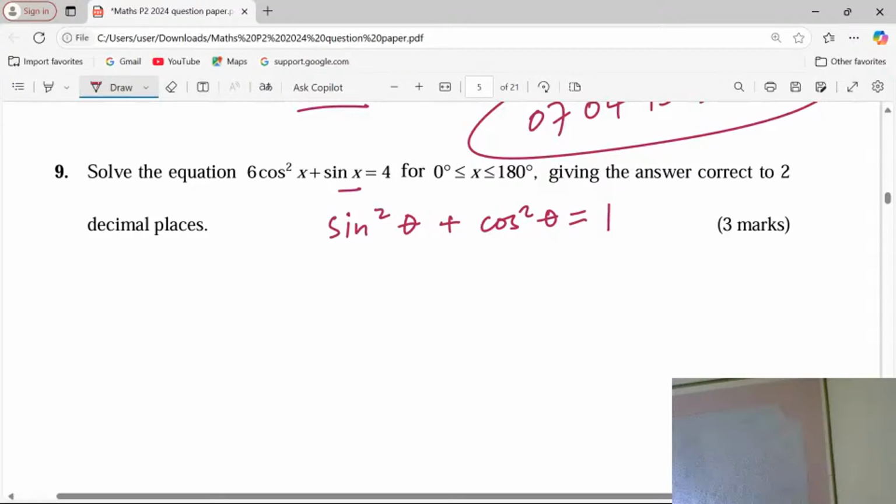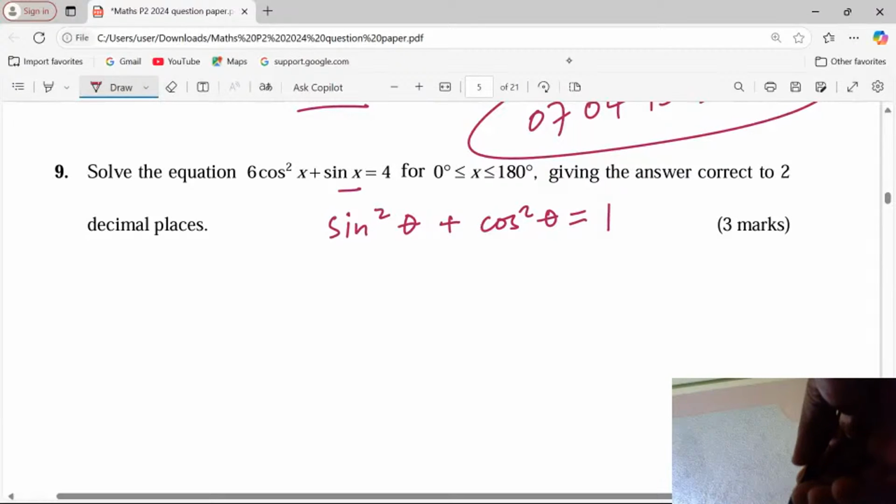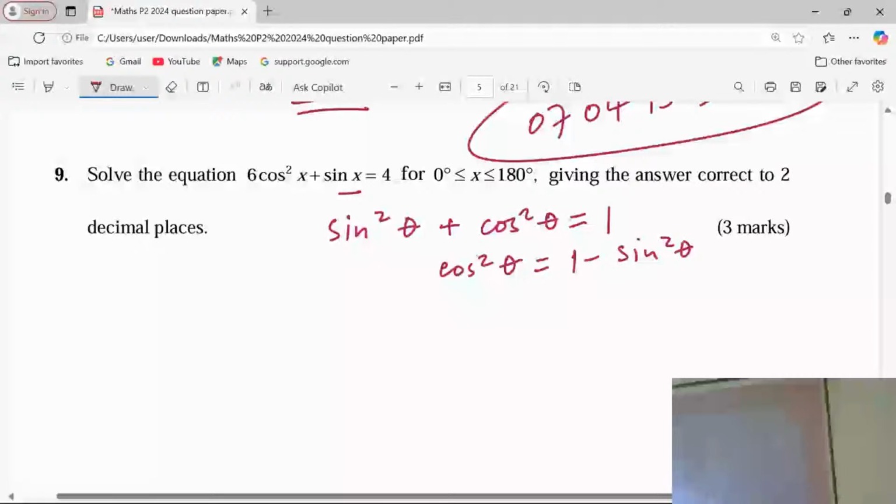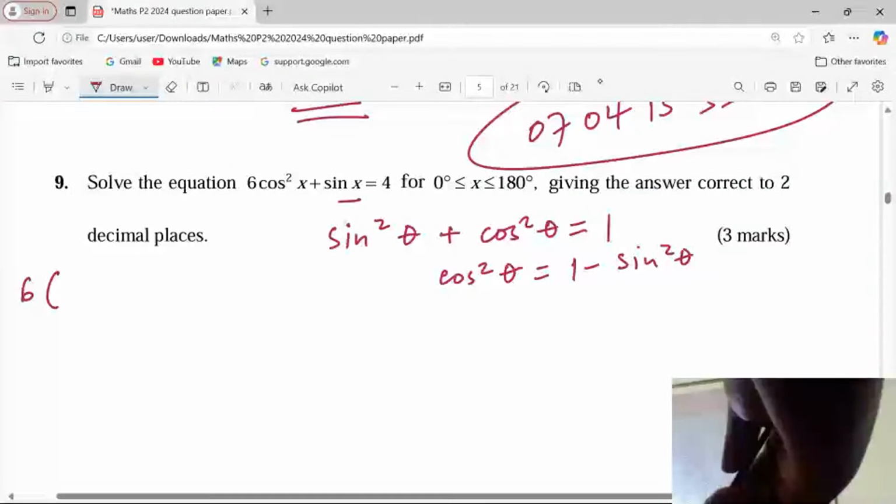Okay, with this we can now express cosine squared of theta as 1 minus sine squared theta. So if this is so, we will talk of 6. I'm re-expressing 6 now.